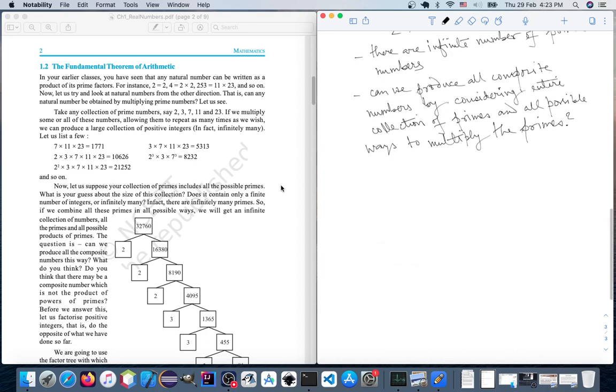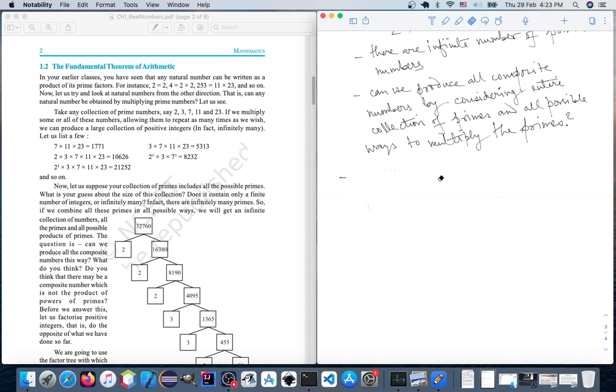So the next question is a good question. It says, do you think that there may be a composite number which is not the product of powers of primes?